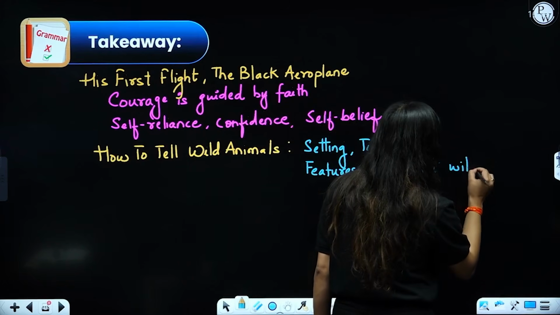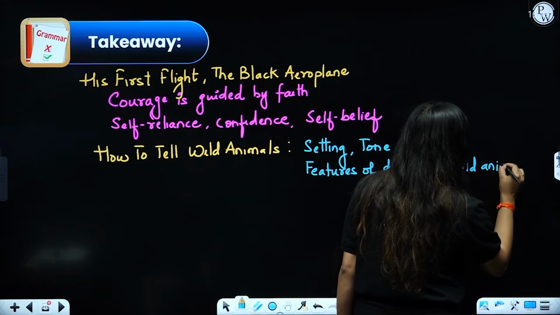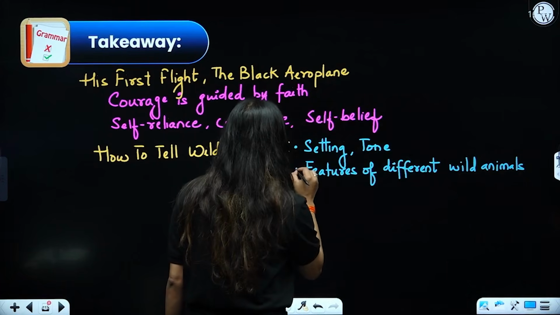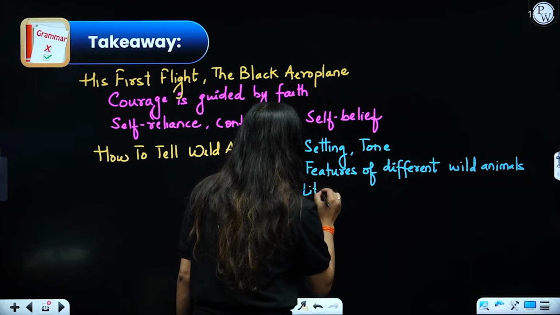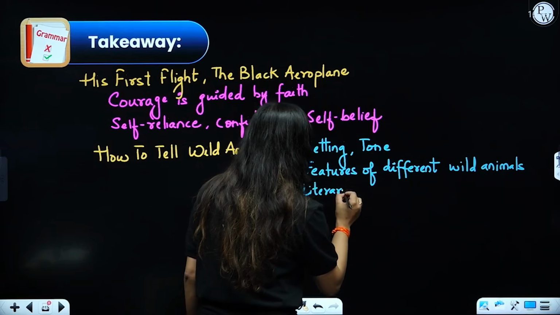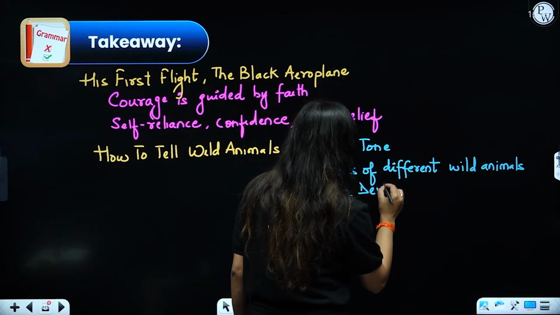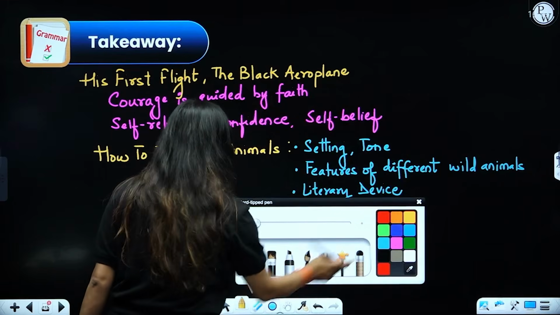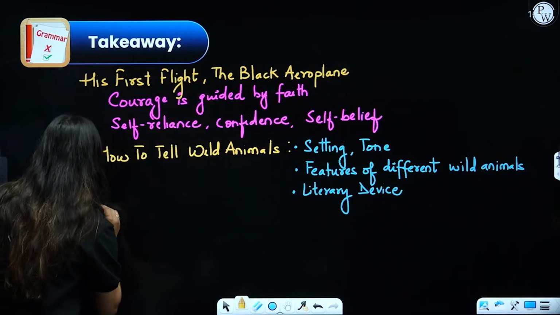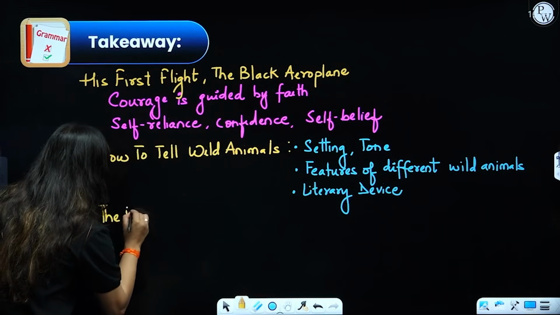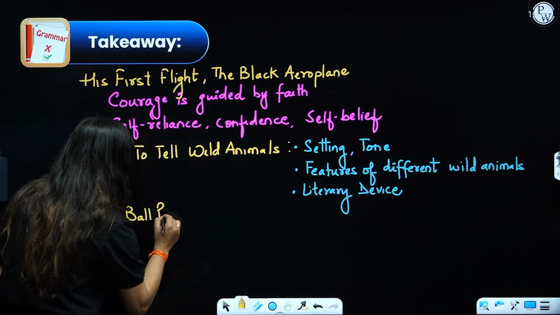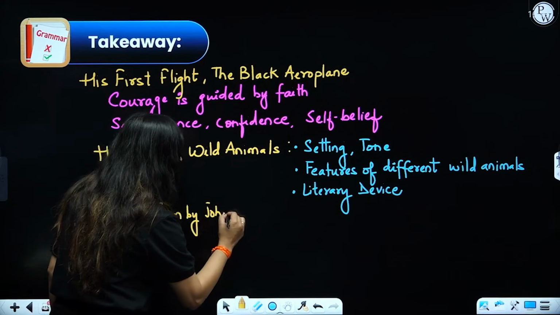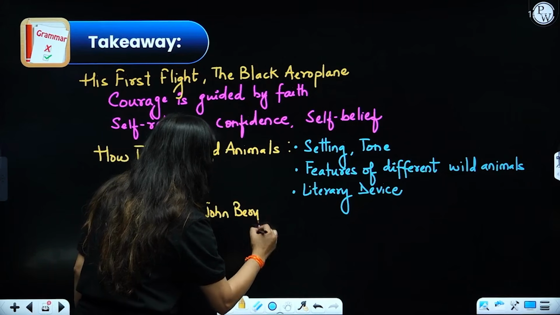Features of different wild animals. Literary devices as well. Right? Coming to the last poem that we just completed, the Ball poem by John Berryman.